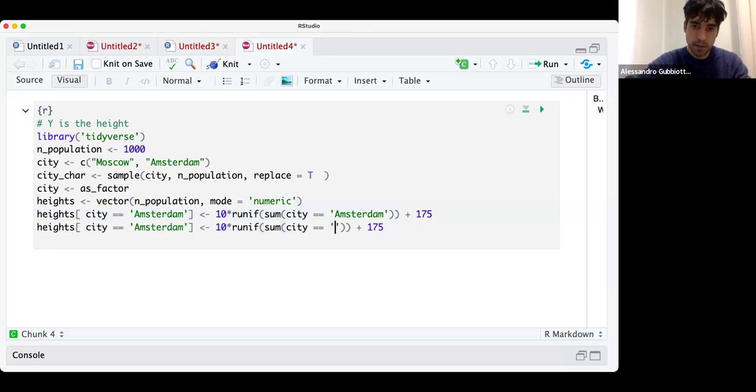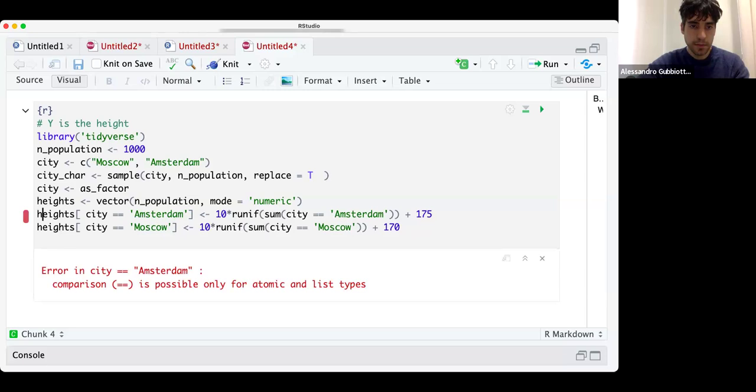But we will put here a more standard height, which is 170, plus something which has mean 5. I mean, this is random data. So for the city as factor, city char.